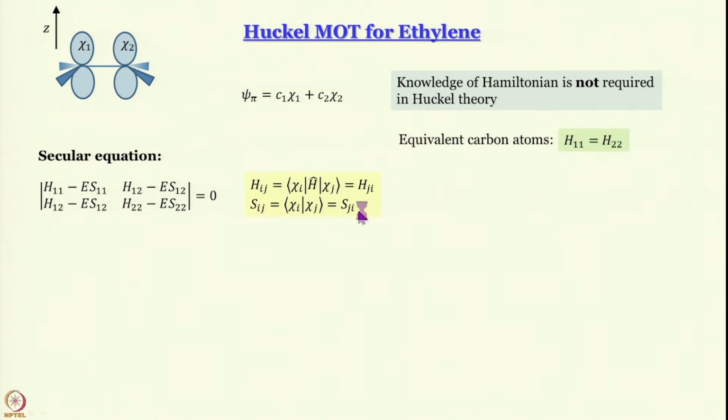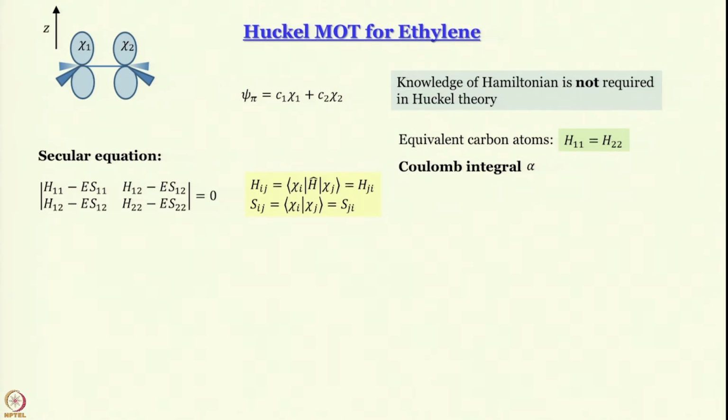Now, H11 has to be equal to H22 because we are talking about 2 equivalent carbon atoms. So, there is no reason why the integrals will be different if I write chi1 H chi1 or chi2 H chi2. So, H11 and H22 are one and the same. These are called the Coulomb integral alpha.